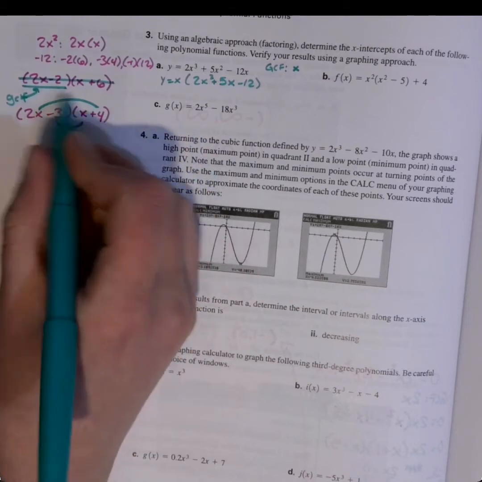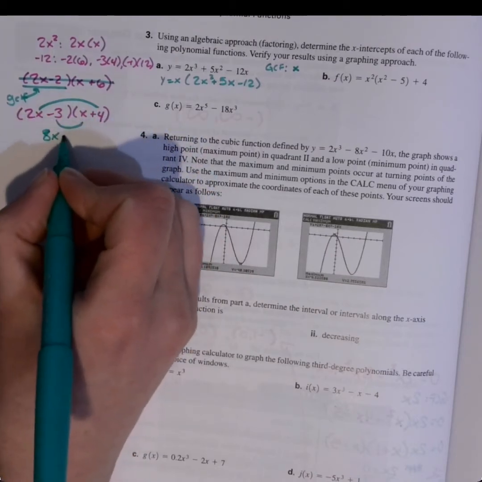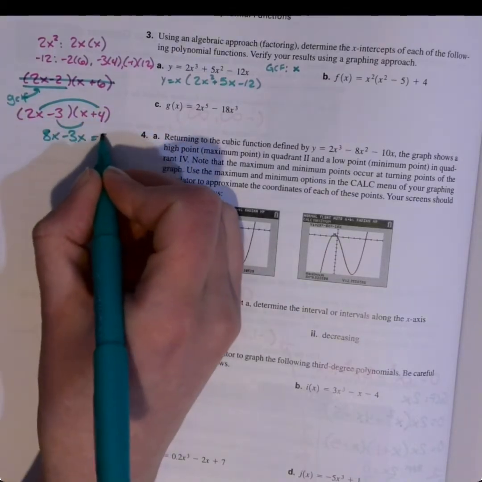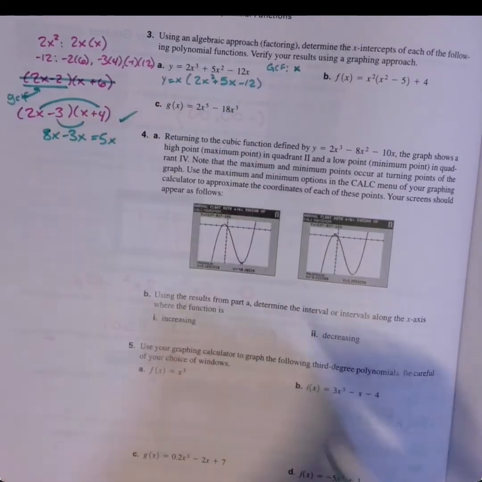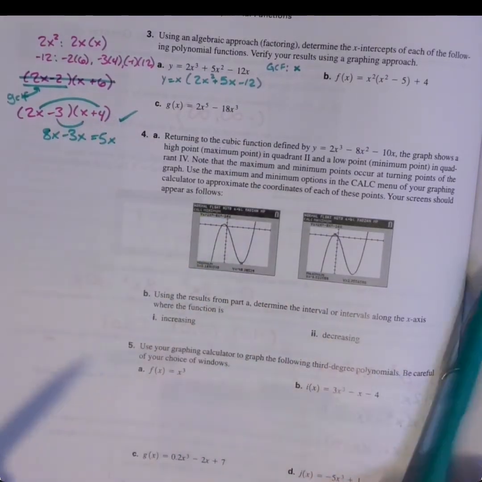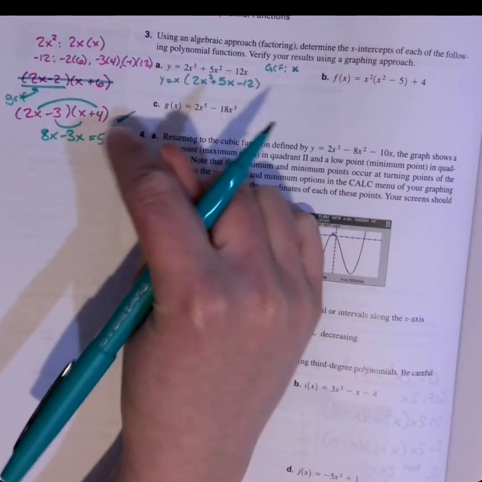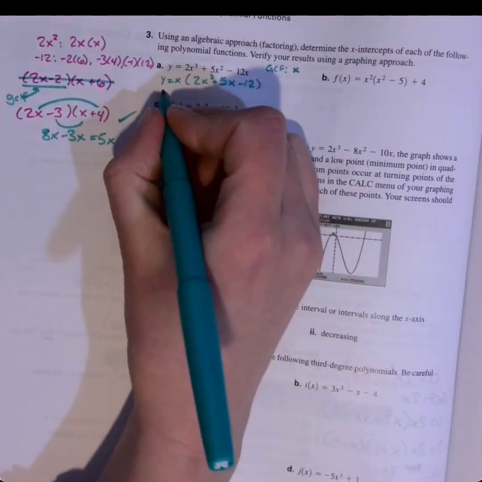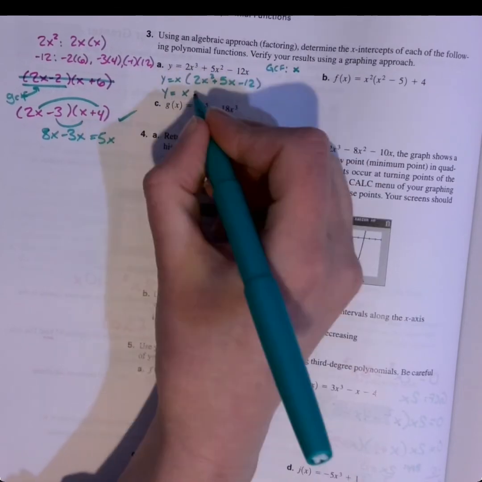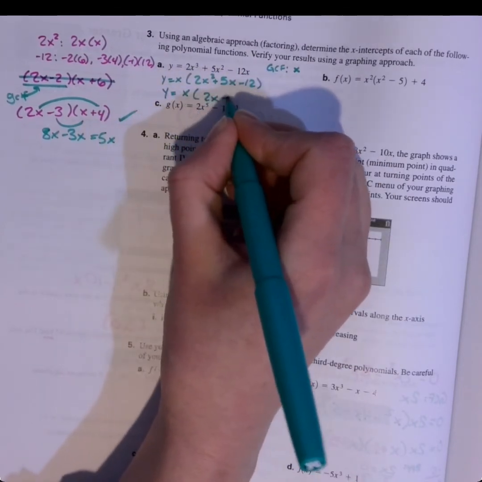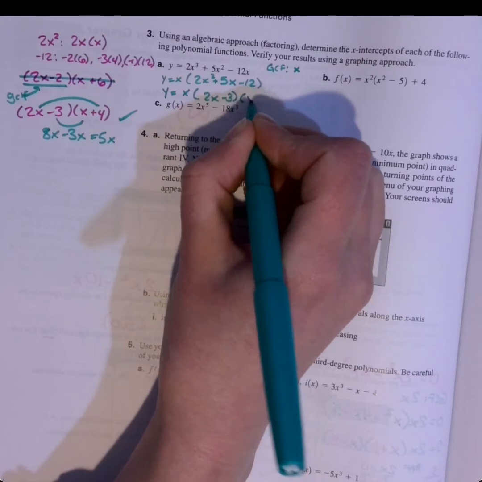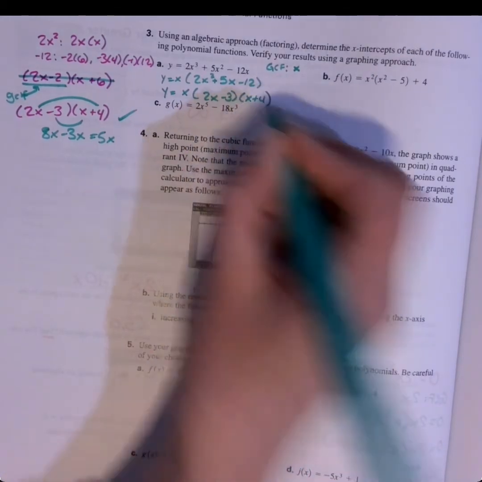The first one gives us 8x minus 3x. That gives me 5x. So that does it. And so our factoring over here, because the 5x is our goal, right, as our center term, and I got it. So our final factoring over here is x times 2x minus 3 times x plus 4.